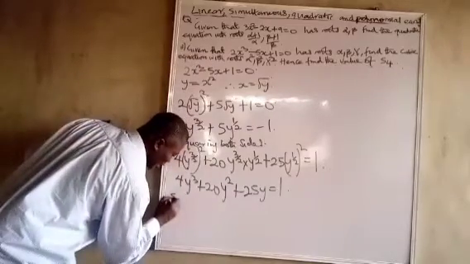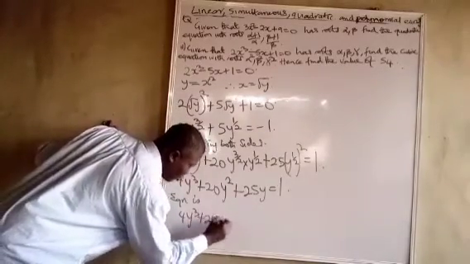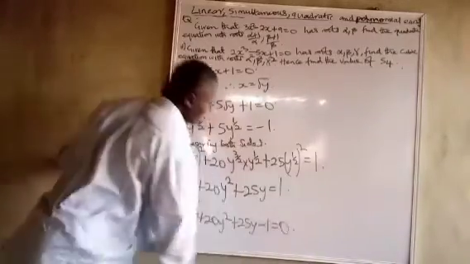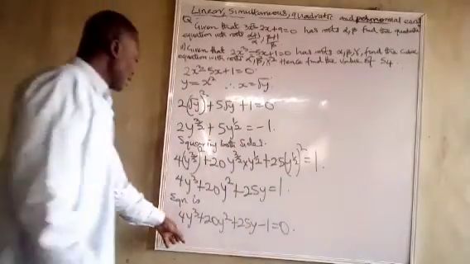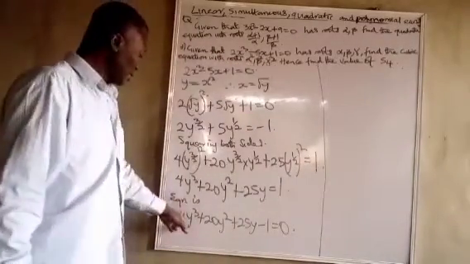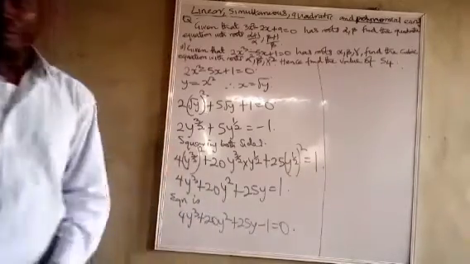So our equation is now 4y cubed plus 20y squared plus 25y minus 1 equals 0. So you can see the equation with alpha squared, beta squared, gamma squared as the roots is 4y cubed plus 20y squared plus 25y minus 1 equals 0.